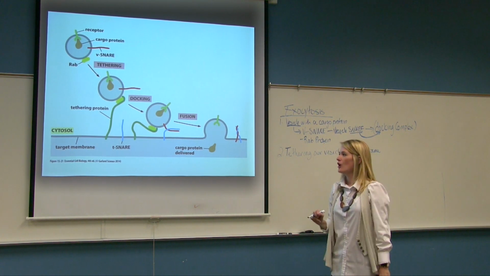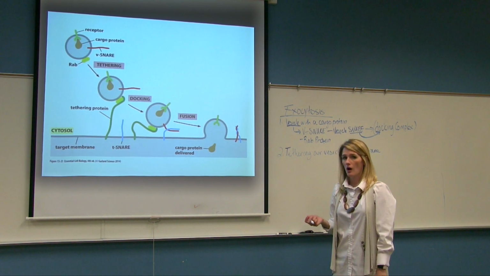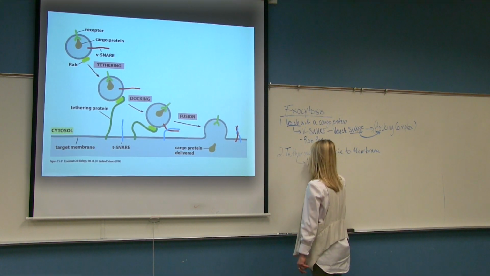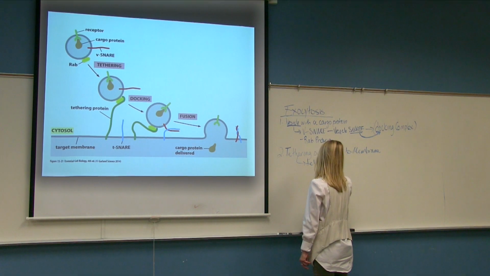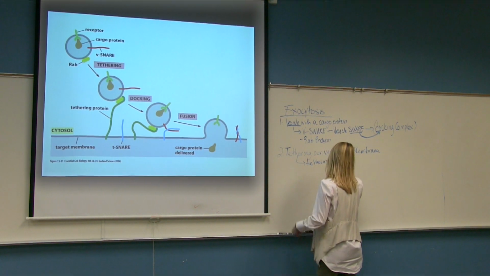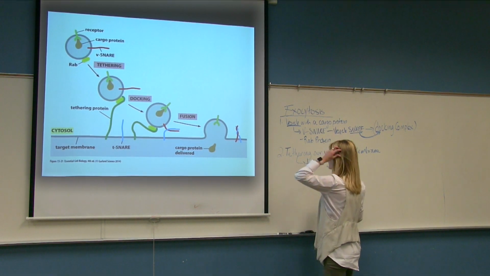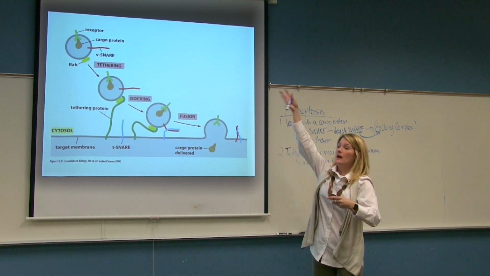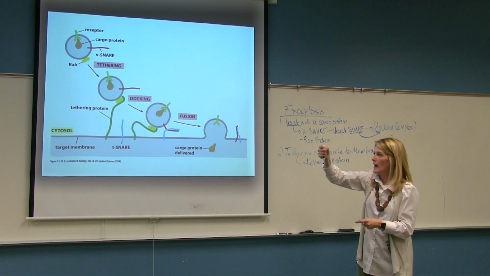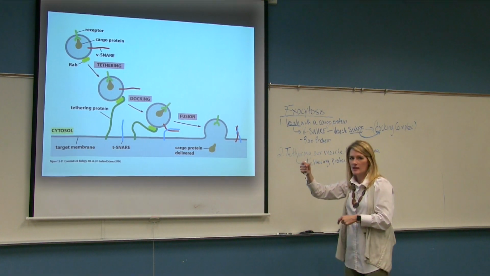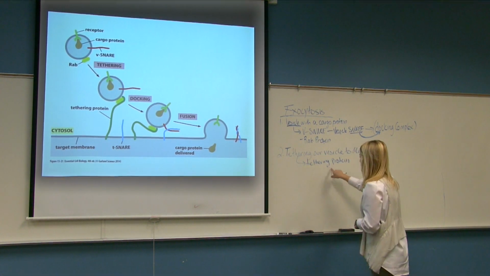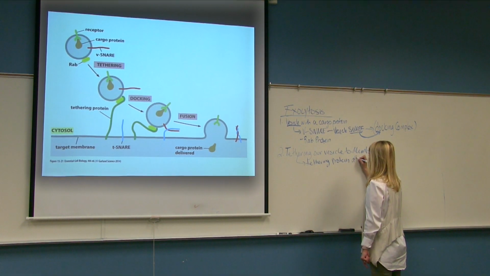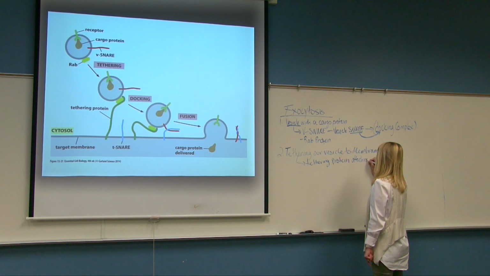And again, we have another protein known as the tethering protein. As our tethering protein grabs along and holds onto that vesicle, it does this by attaching to the Rab protein on the vesicle.